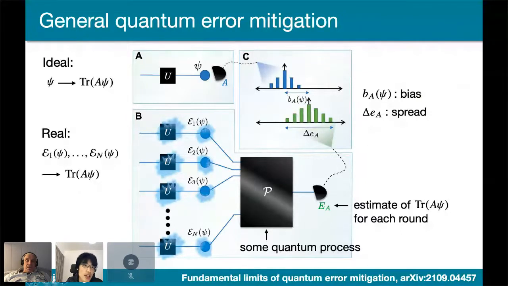So this A observable is anything. This A is an observable that applies to your quantum state psi. This wire, by the way, does not necessarily represent a single qubit. If you're interested in a quantum circuit, for instance, that has k qubits, then this might be a k-qubit wire.